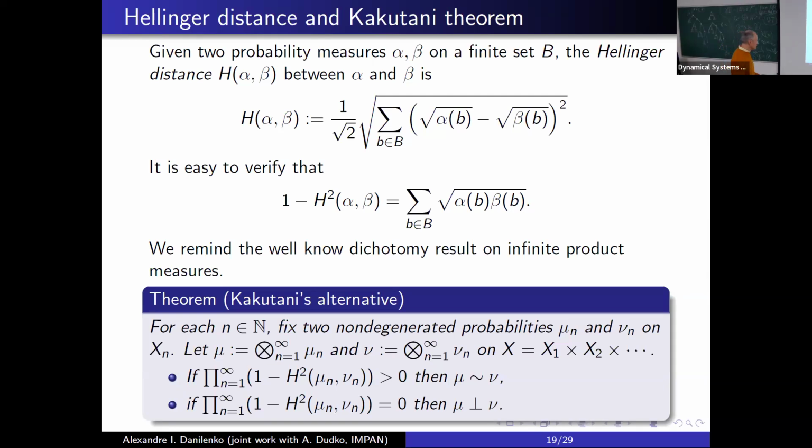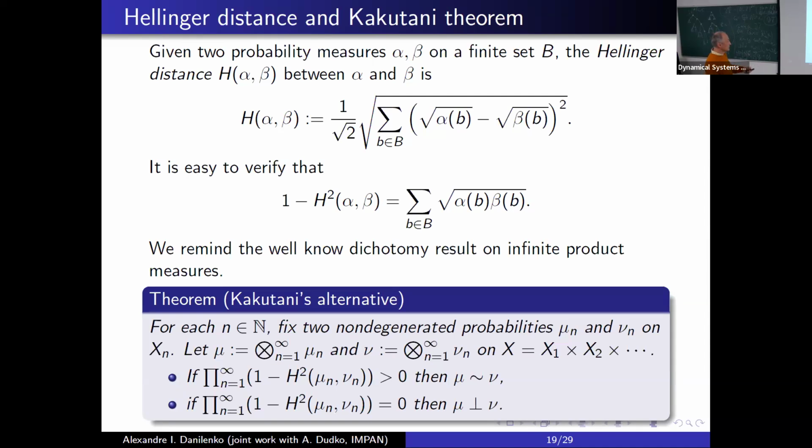He proves a dichotomy: the infinite product measures can be either equivalent or orthogonal, and nothing in between. The first case happens if and only if this infinite product is positive, and they are orthogonal if this infinite product is zero.